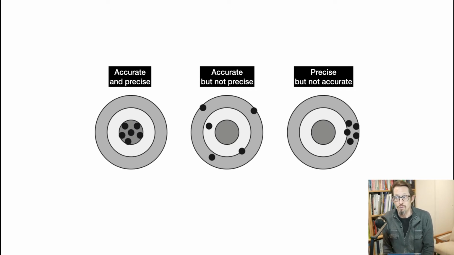Another example of a tool that's like that is GPS. So the satellites that tell your phone where you are have built into them an error on the neighborhood of 20 or 30 meters, at least for civilians like us.